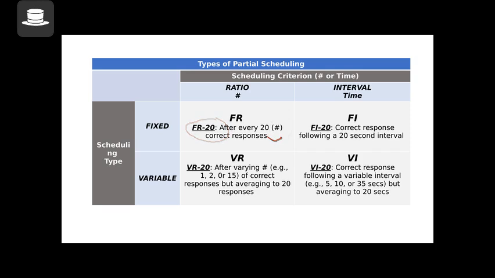A fixed interval scheduling, on the other hand, would be reinforcing a response following an interval of a fixed amount of time. For example, in FI20, reinforcement occurs to a correct response after 20 seconds of no reinforcement.